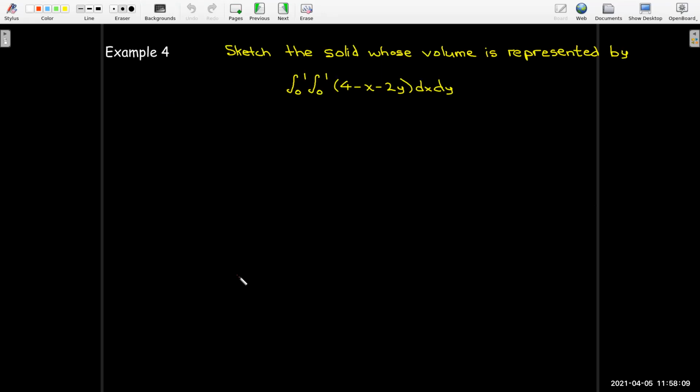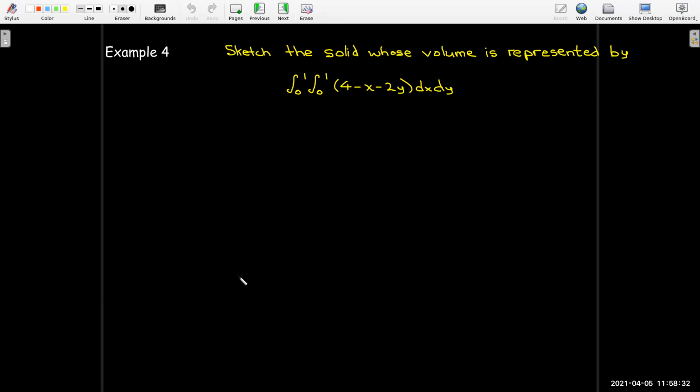So let's work in the opposite direction in this example. We're given a double integral over a rectangular region, and it represents the volume of a solid, and we're asked to sketch that solid.